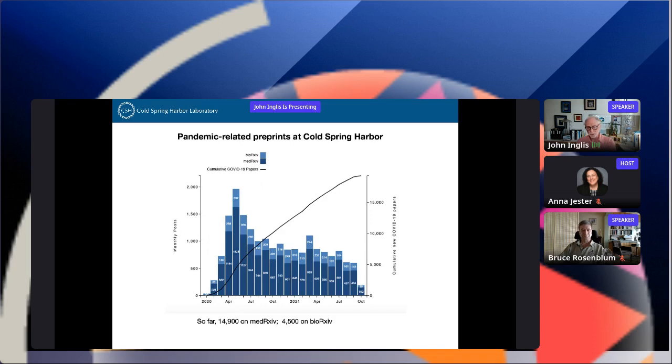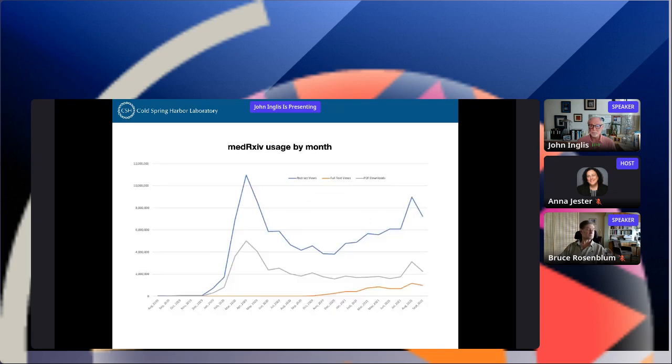And so you can see the breakdown of the different numbers between the two servers. That peak in May and June of last year has declined, but there is still a substantial number of COVID-related manuscripts appearing on both servers.